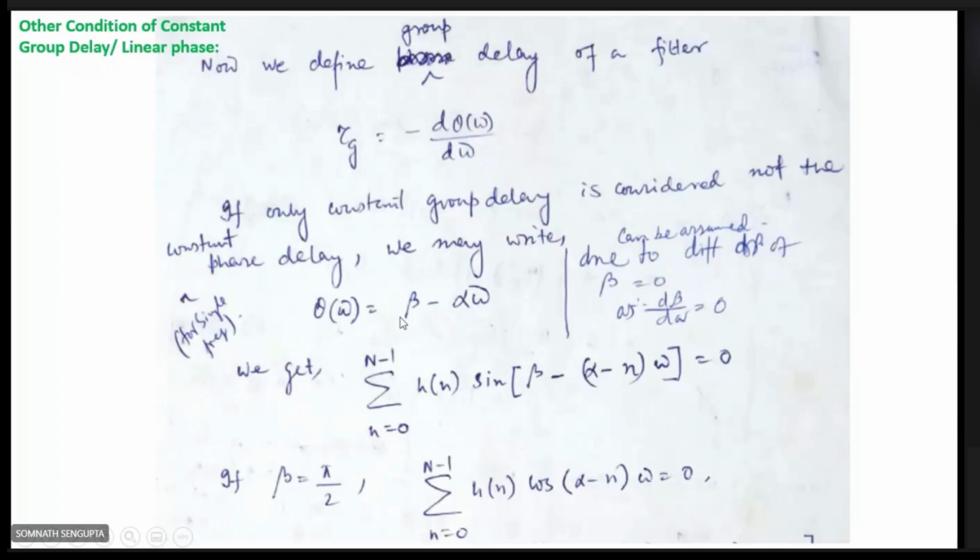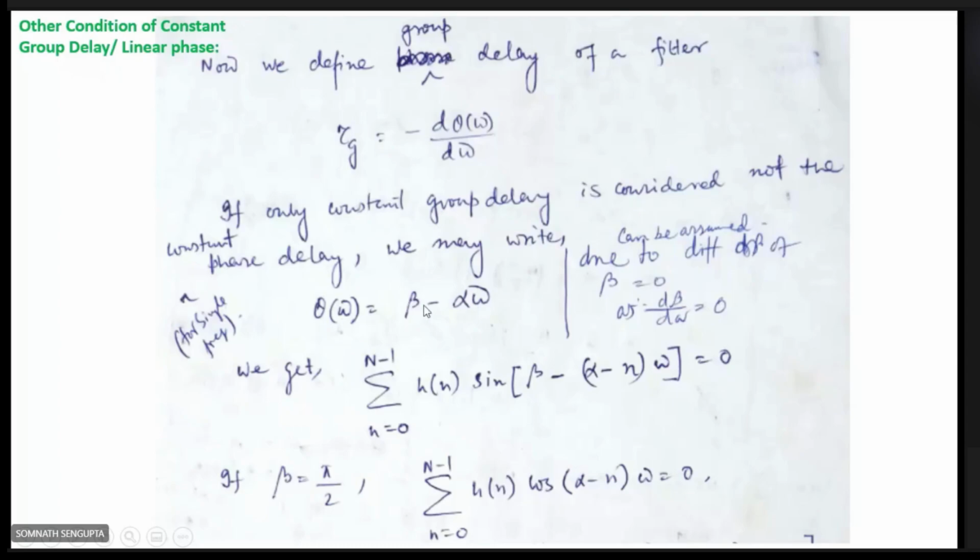So if this alpha omega is 0, let us say, or alpha is 0, then that means phase delay is 0, no delay. Then theta omega will be what?